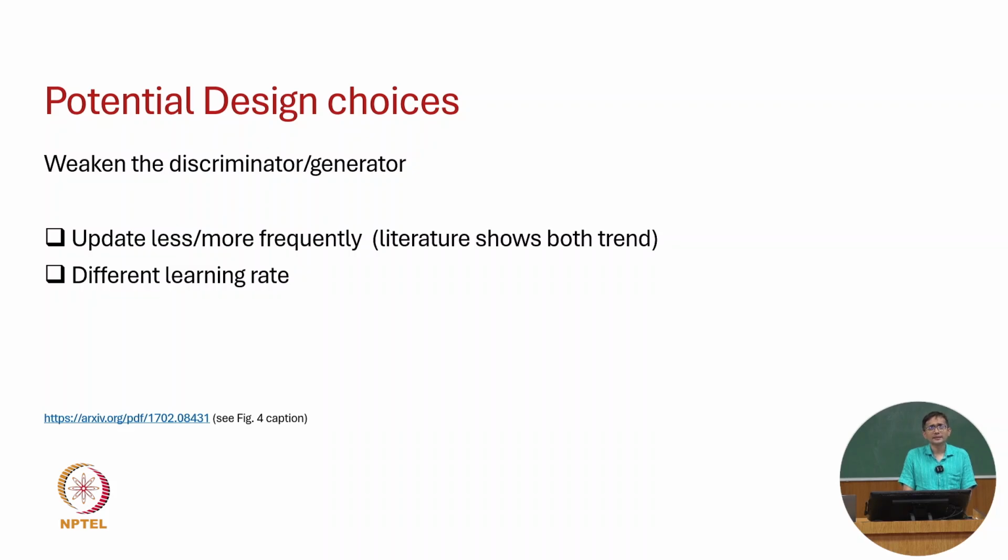Thus, in a way, you are compensating for one of the components being somewhat weaker, one of the components being somewhat stronger, to engage them in a meaningful game, so that from the feedback of the discriminator, the generator can indeed improve.